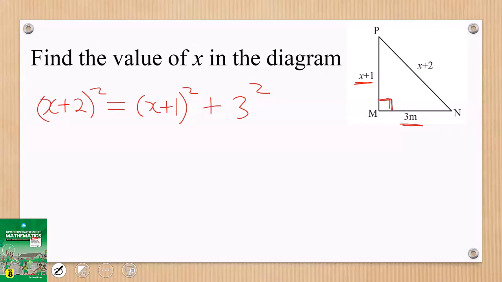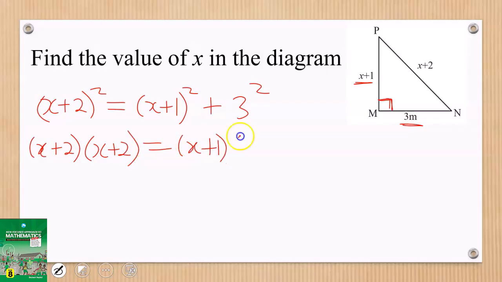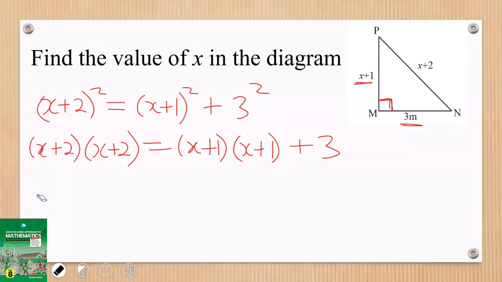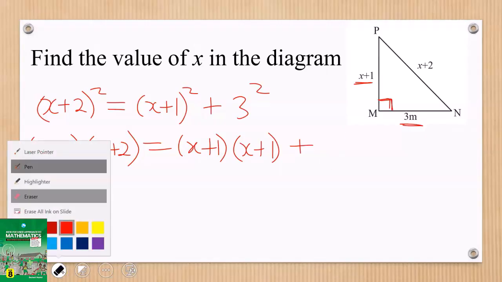Right. I hope it makes sense. Good. Now we can expand and simplify this. When you expand this one, we are going to have x plus 2 times x plus 2 is equal to x plus 1 times x plus 1 as well. There's a short way of doing this, but I want to go through the long approach so I don't get confused.